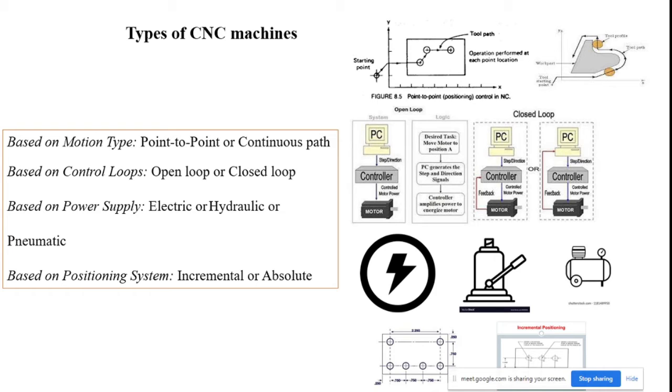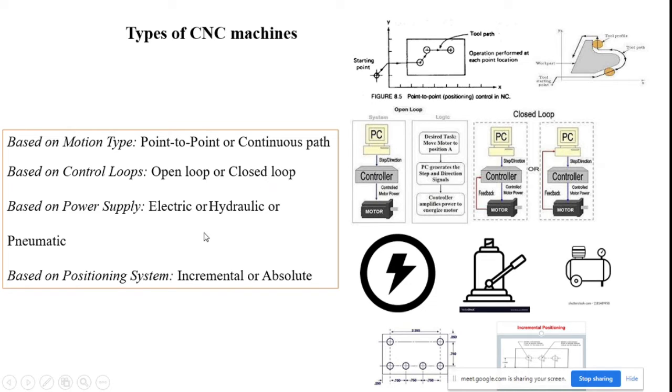Now if I discuss with you, but you won't interact with me, and I only give you data, this kind of information transfer is known as open loop transfer. So based on control loops, some circuits are formed to give one side instructions, which are known as open loop. Some circuits are formed to collect the feedback from the system, those are called closed loop.